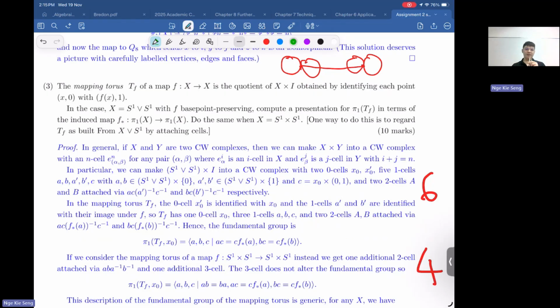But if it is surjective, then this is what Jingsen drew.